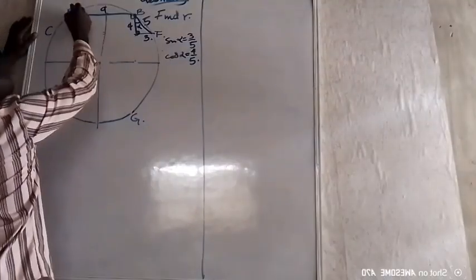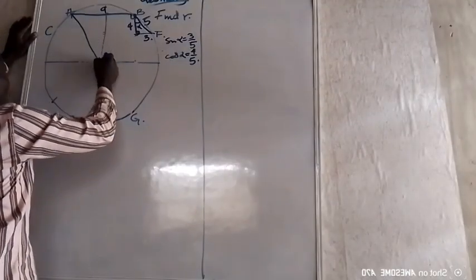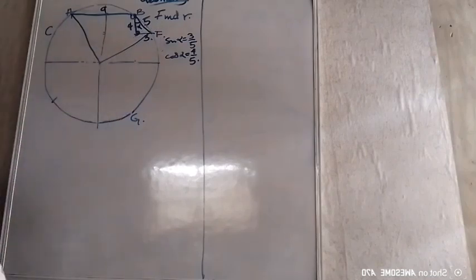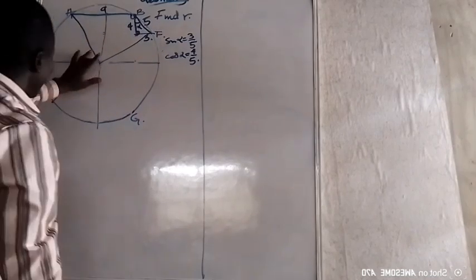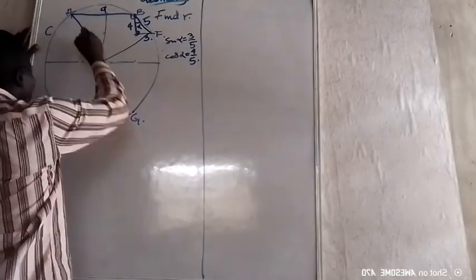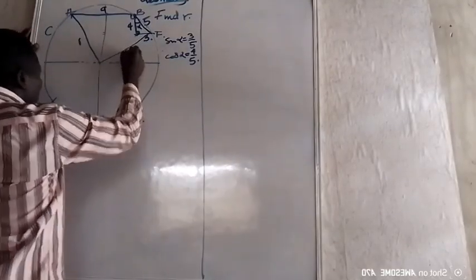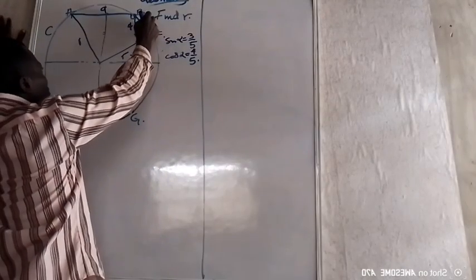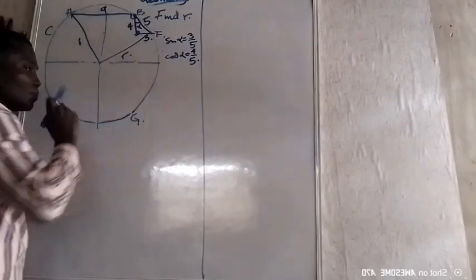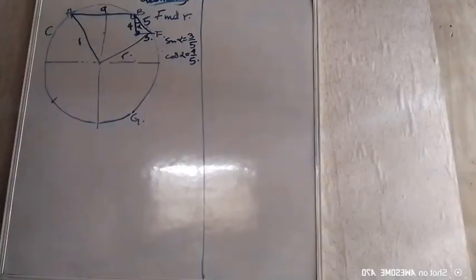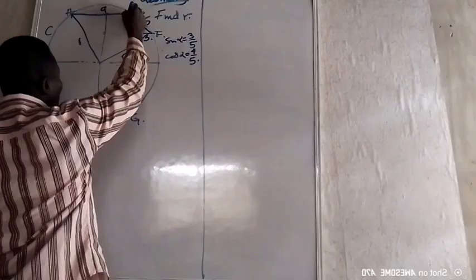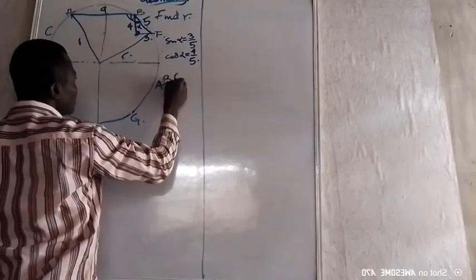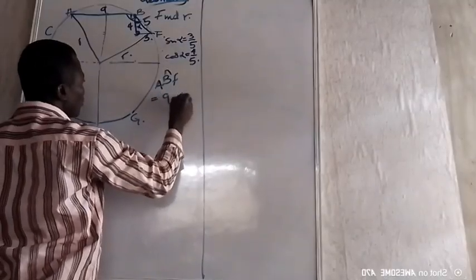Now, we know that from these 2 points we can have our radius. From here to here is r. From here to here is also r. Then the total angle here, ABF, is 90 plus alpha.